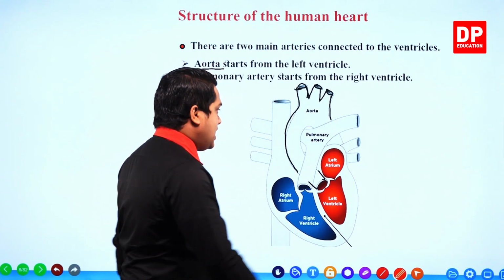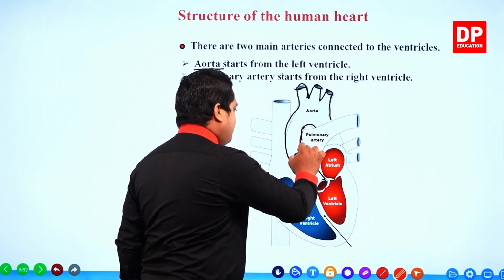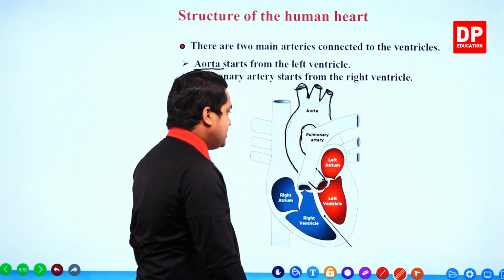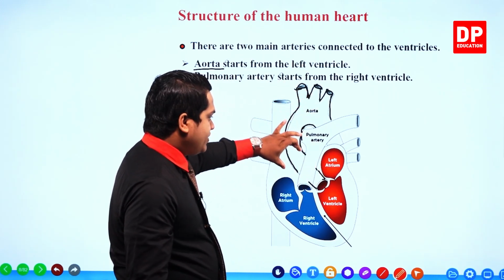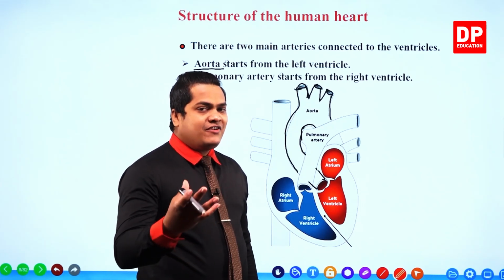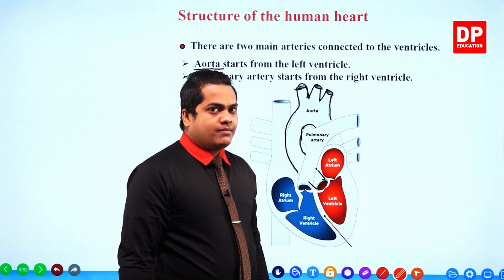I told you that aorta is the main artery which distributes blood within our body. So aorta is getting connected with the left ventricle. I once again told you that the left hand side of the heart is pumping blood all around the body.